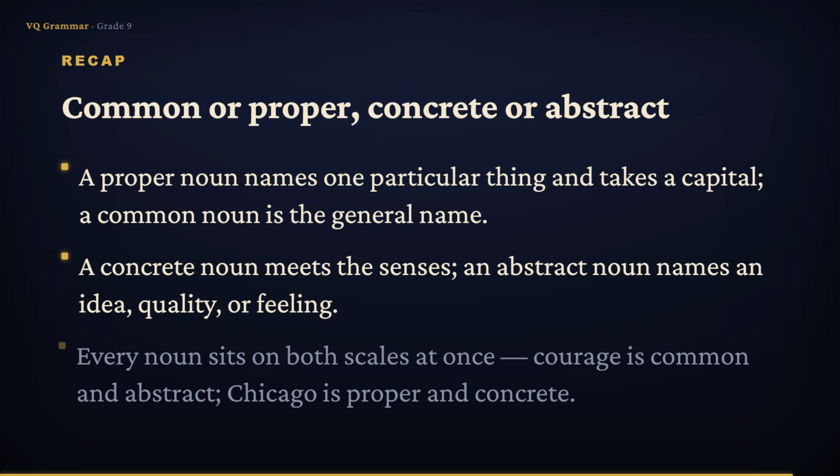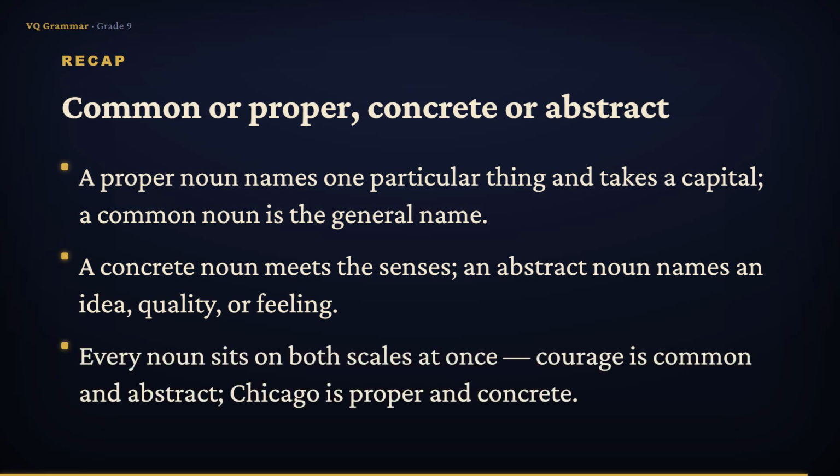While an abstract noun names an idea, a quality, or a feeling you can only think about. And the big idea? Every noun sits on both scales at once. Courage is common and abstract. Chicago is proper and concrete. Give every noun its two labels, and you'll always know exactly what kind of noun you're looking at.